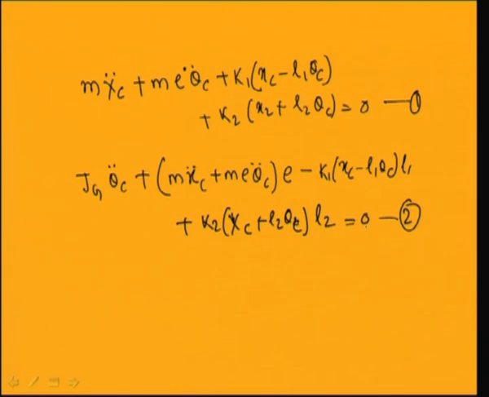I have expressed the motion in terms of x c and theta c. So the generalized coordinates I have taken are x c and theta c. So I can express these two equations in matrix form also. So in matrix form I can write it like this.